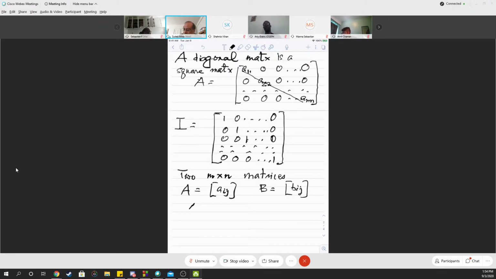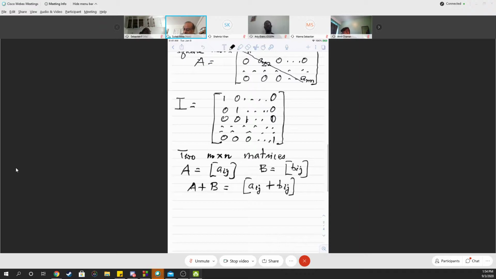So A plus B is the matrix Aij plus Bij. If K is a scalar, that is any real number, then K times A is Kaij.